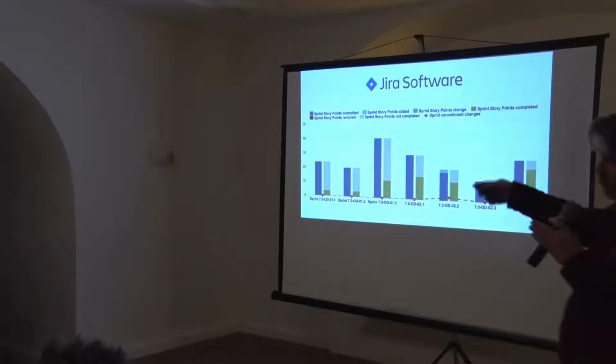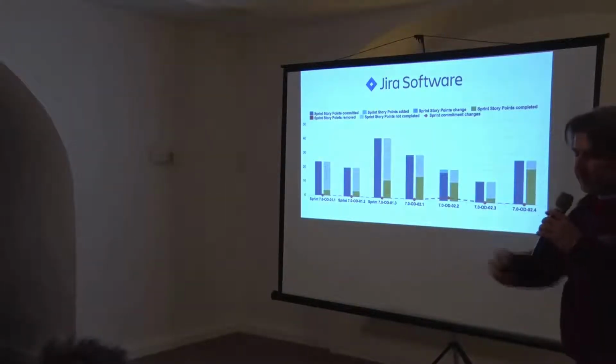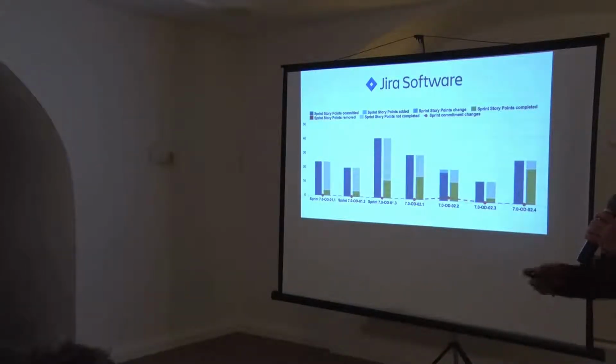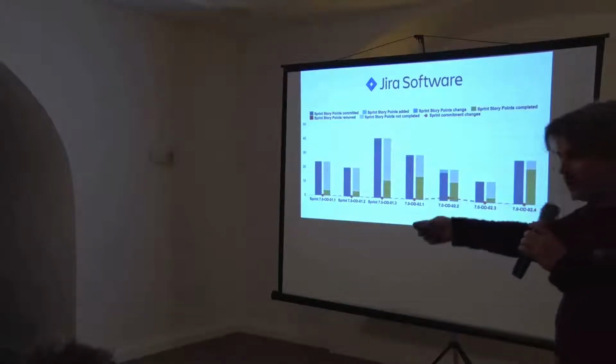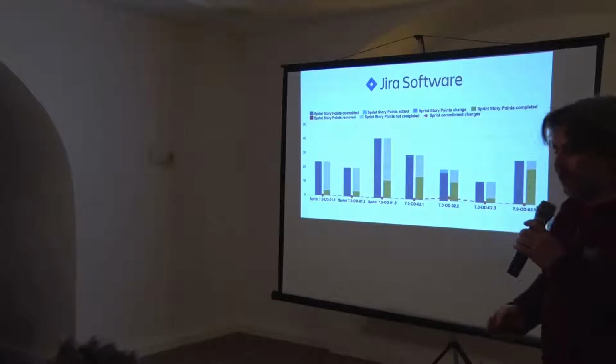And then managers can track how well the committed story points are matching the actual ones, or measure how the velocity has been changing over the sprints or over the releases.